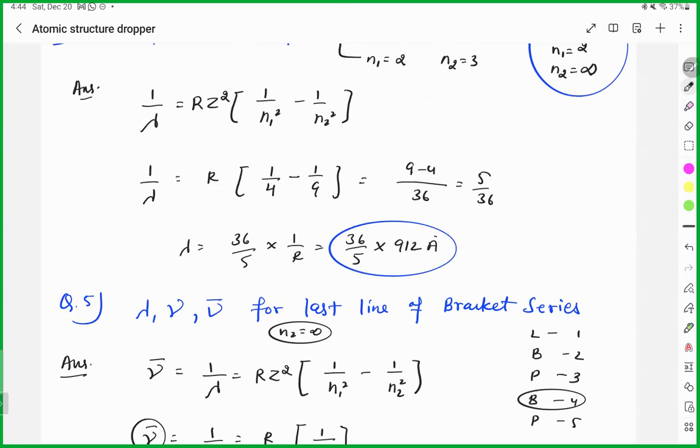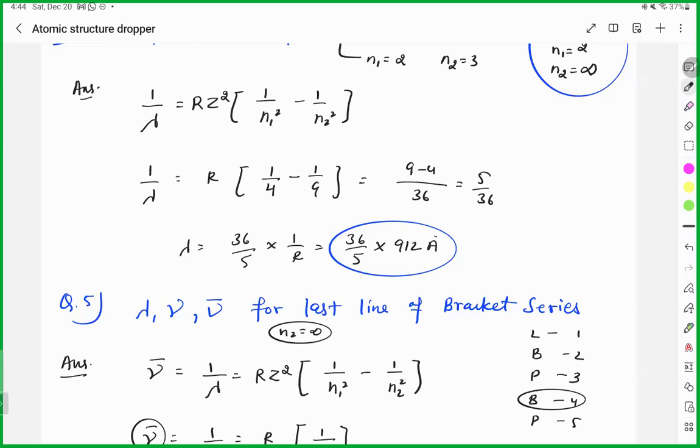When I am teaching you, what best I can give you is to focus on where you can make mistakes, and I will highlight that point more. So have this habit of writing R Z square.